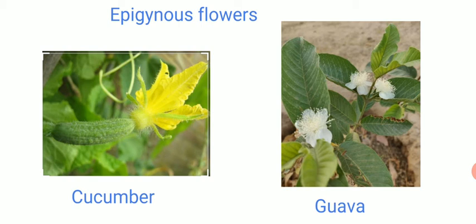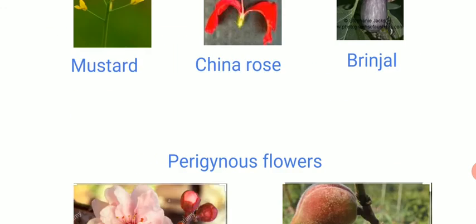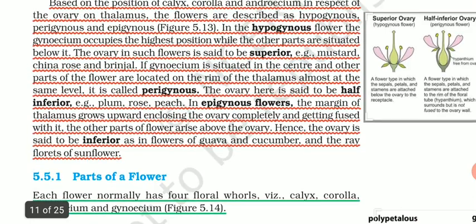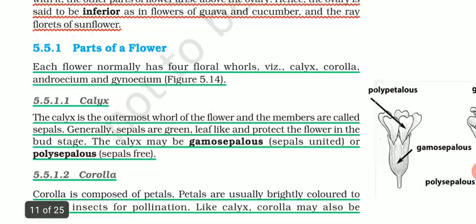So you can see the ovary is developed, meaning it is maturing, and the topmost part of the flower has sepals, petals, and even stamens present. So the fruit is present at the basal part and the other parts have grown above it. Similarly, it is also seen in guava. So this was the arrangement of the ovary with the other floral appendages.